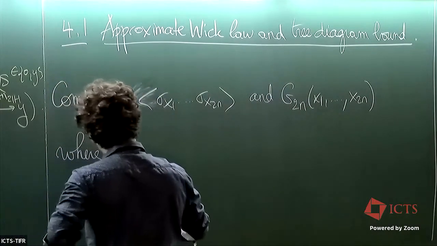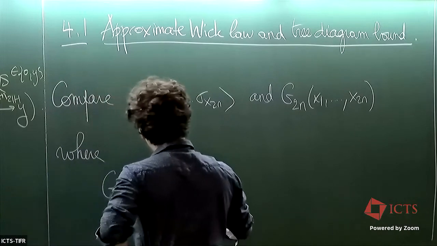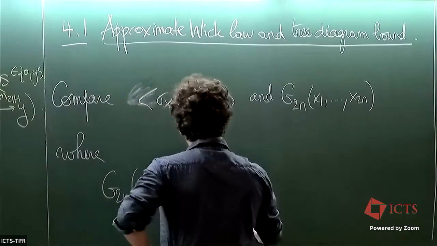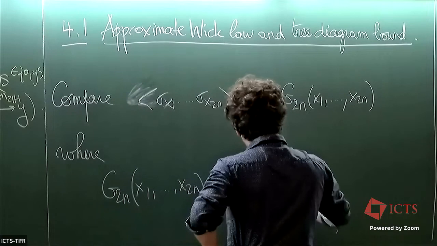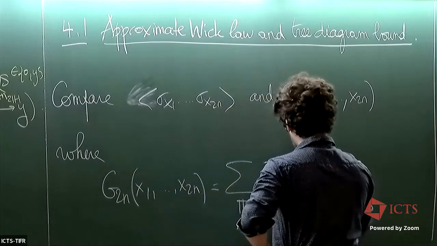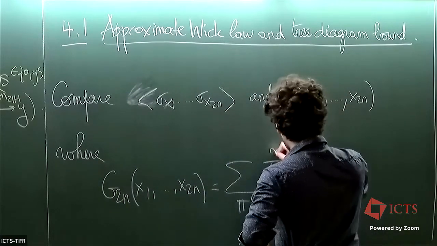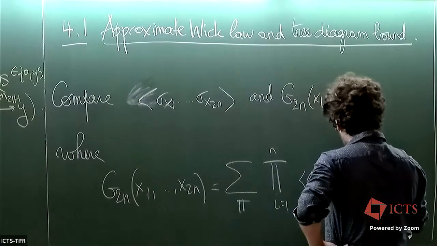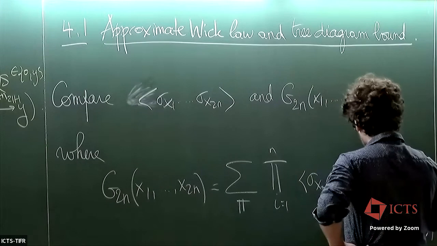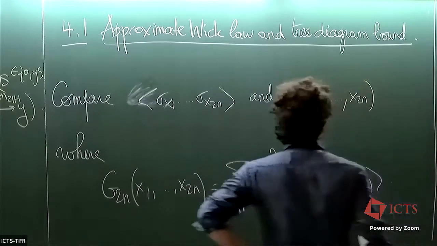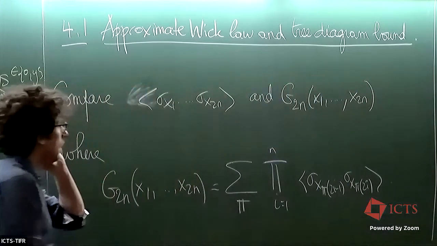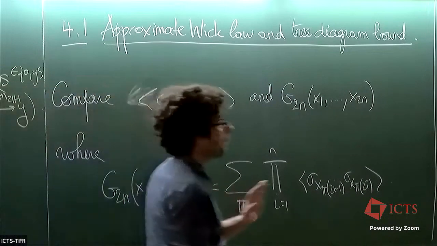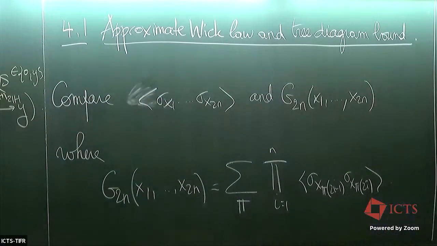So G2n is just the sum over the pairings of the product over i of sigma x_{2i-1} sigma x_{2i}. Okay. So I want to compare these two things, and I'm going to focus on n equal 2. So when you have 4 points.